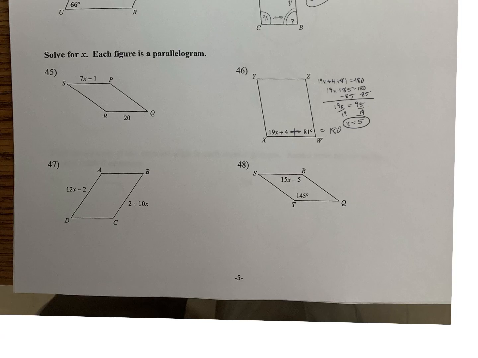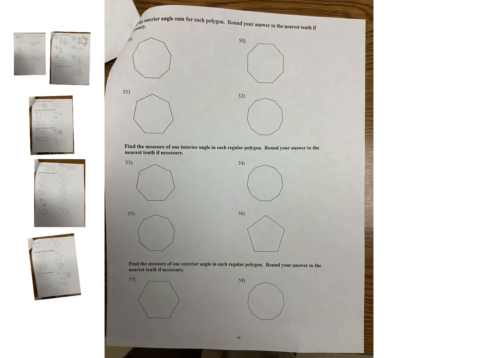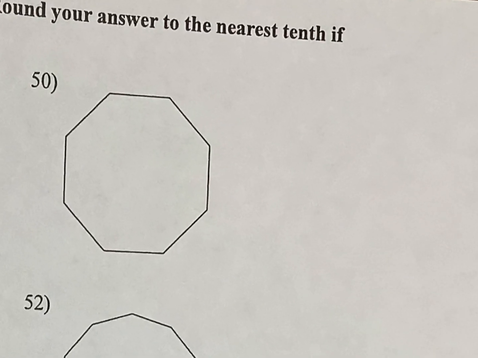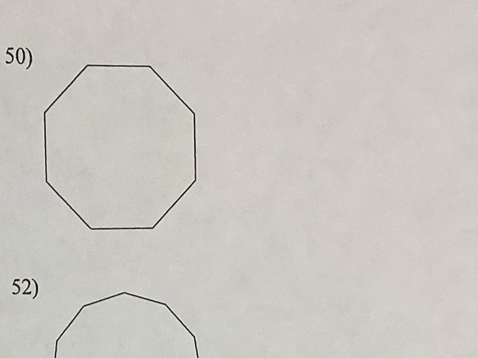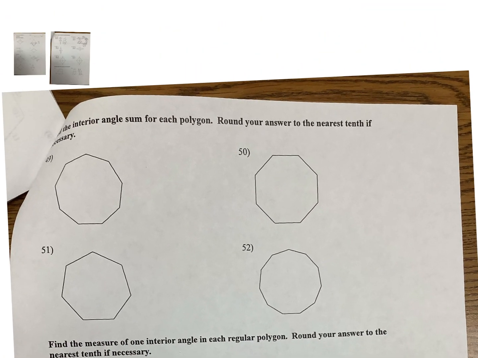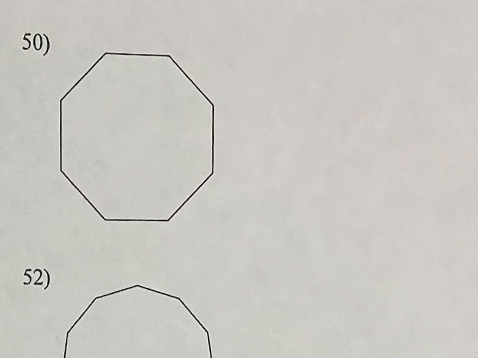All right, let's go to the last page. Okay, let's see what we have on the last page here. So here we're just using n minus 2 times 180 in a bunch of different ways. So I'm going to do number 50 to start. It's an octagon. So the instructions are find the interior sum, the total.